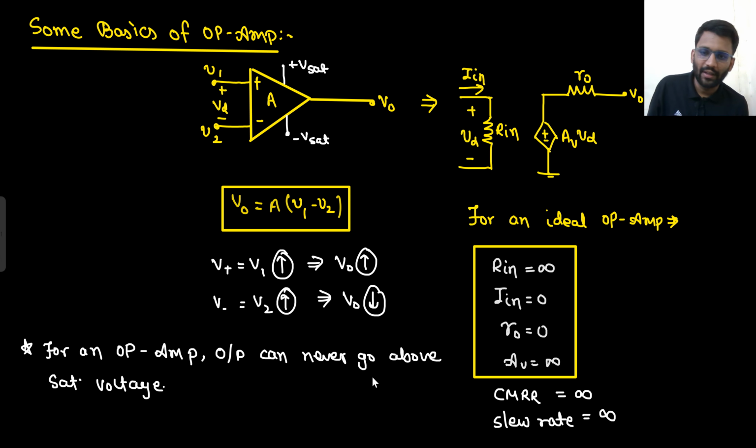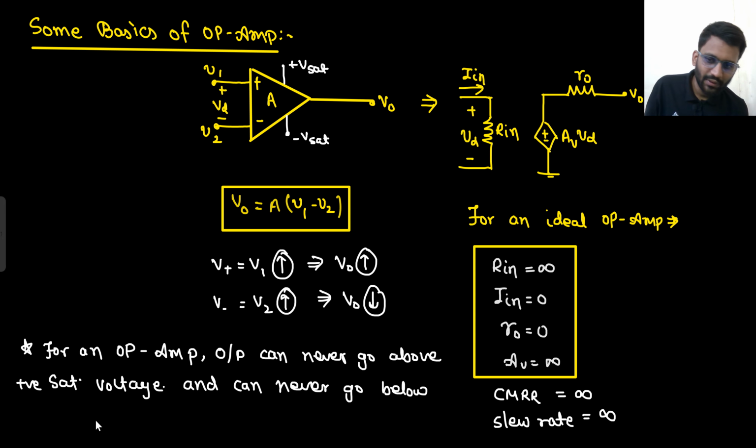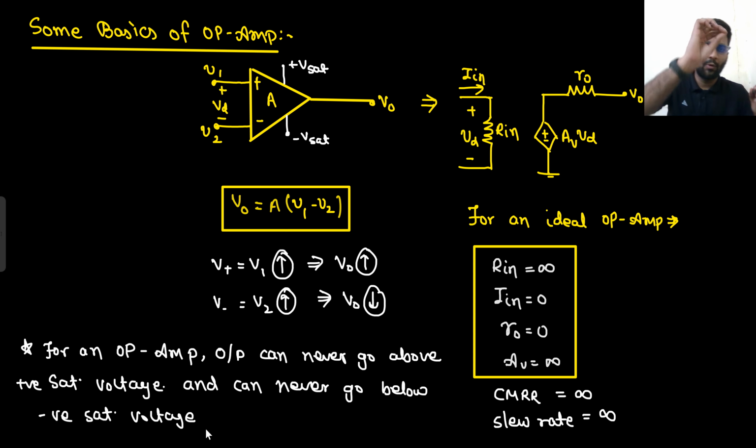So the maximum value of the op-amp output is plus Vsat and the minimum value is minus Vsat.